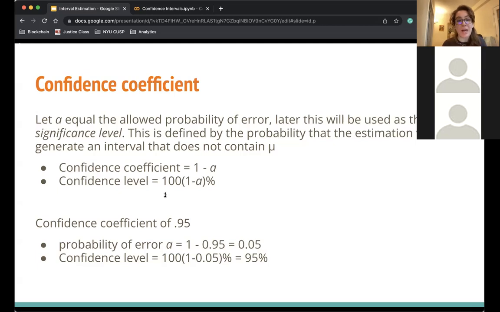If we are saying the calculated confidence interval is 0.95, the confidence coefficient is 0.95, but this probability of error, alpha, is the opposite side of that coin, when the estimate is not within the interval. That's what we're actually using for our error margin. Does that all make sense? I got that a little mixed up, but the confidence level is when we get it right, and this probability of error is when we get it wrong.